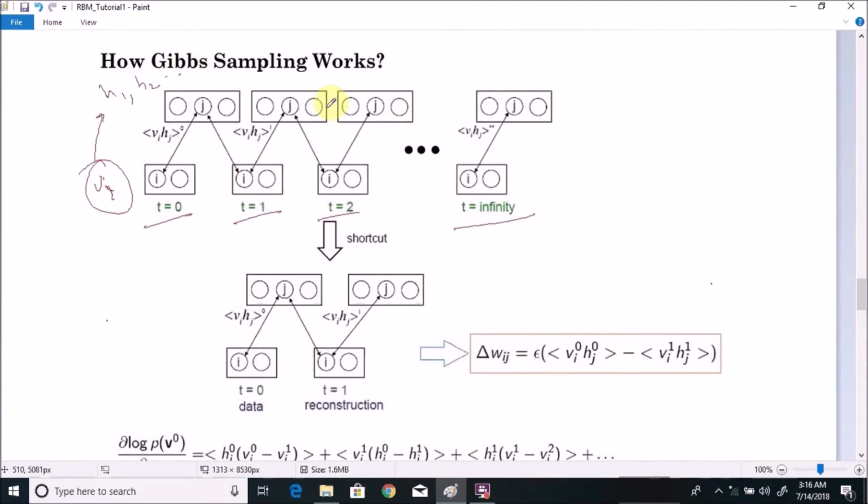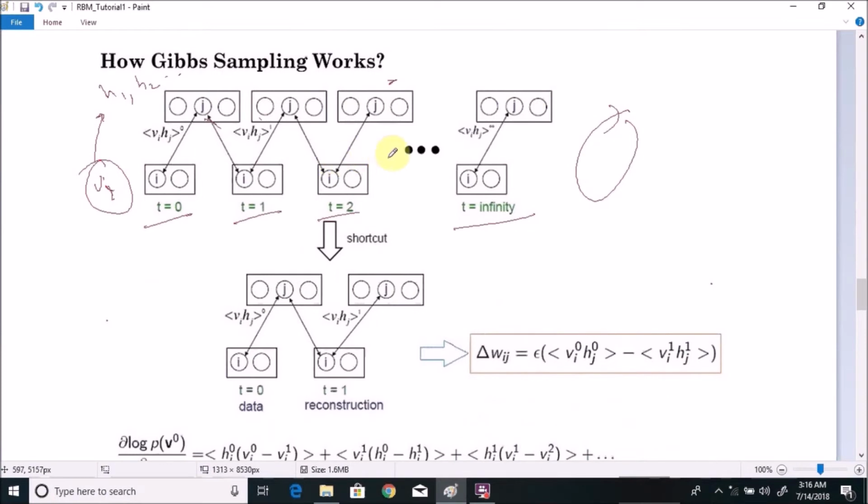And again, by using those sampled hidden unit values, we update all the visible units, for all the iterations. And again, using the sampled visible units, we update the hidden units again. So this is the process that goes on in Gibbs sampling.